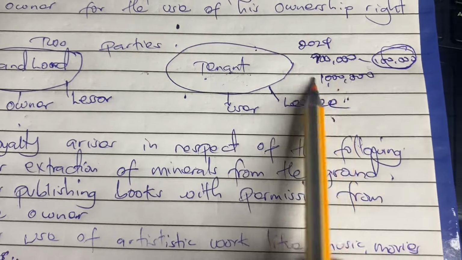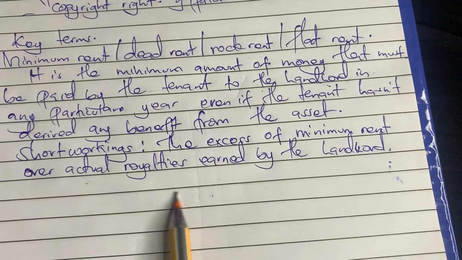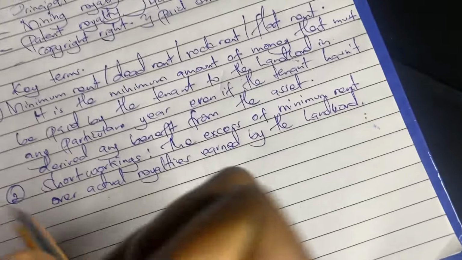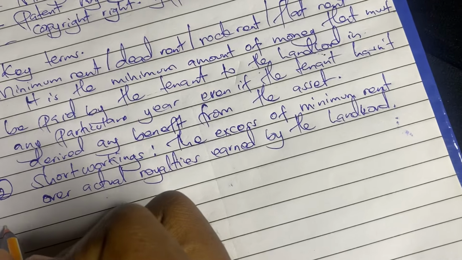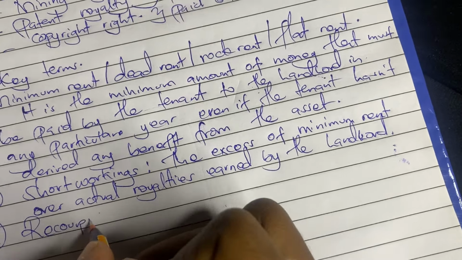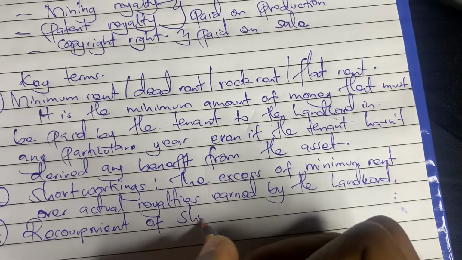When you add both of them, you get the minimum rent. So it's the excess of minimum rent over actual royalties earned by the landlord. Then another term that we have is recoupment of short workings.